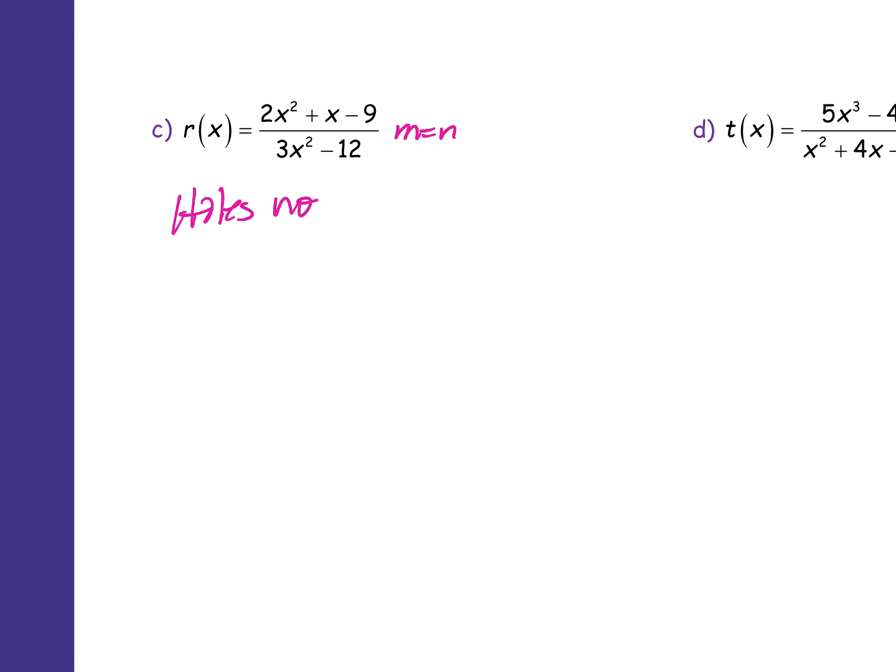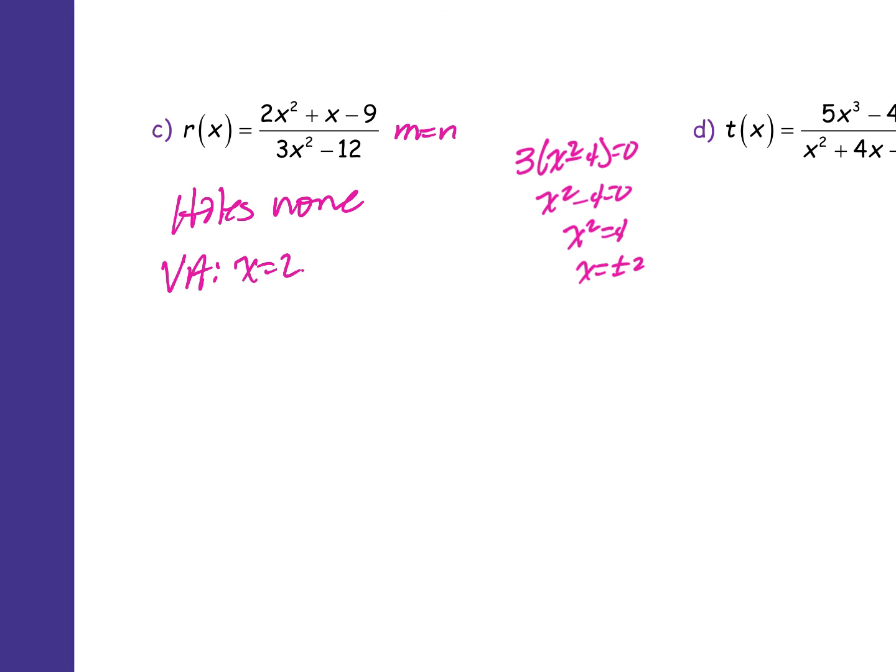My vertical asymptote, so I took my bottom, and I took 3 out, and I get x squared minus 4 equals 0. So x squared equals 4, so x equals plus or minus 2. So x equals 2 and x equals negative 2. So I have 2 vertical asymptotes.